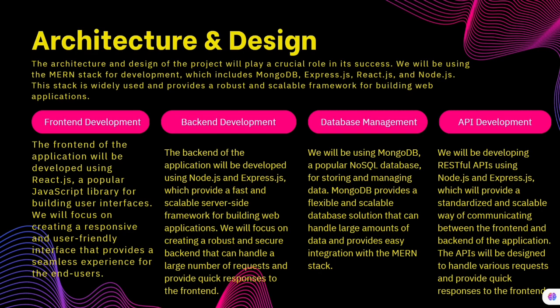I have divided the architecture into four parts. First one is front end, second is back end development, third one is database management, fourth one is API development. In front end, we have used JavaScript libraries for making the interface more interactive to the user.